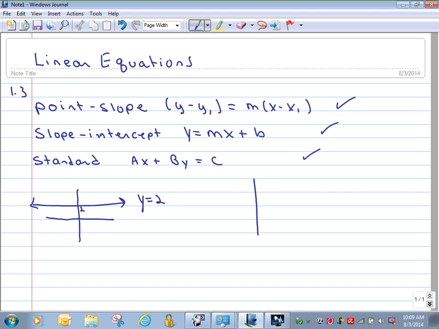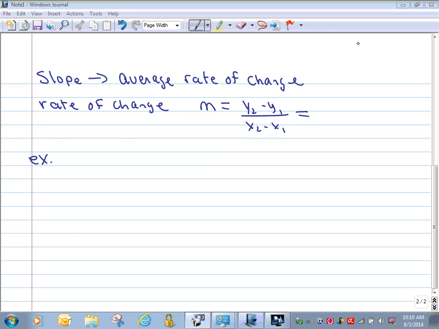When we have a line that is vertical, let's say at x equals 2, then our line would be x equals 2. The slope of the horizontal line is 0. The slope of the vertical line is undefined. Okay. Make sure you have this written in your notes, and we're going to go on and calculate slope.